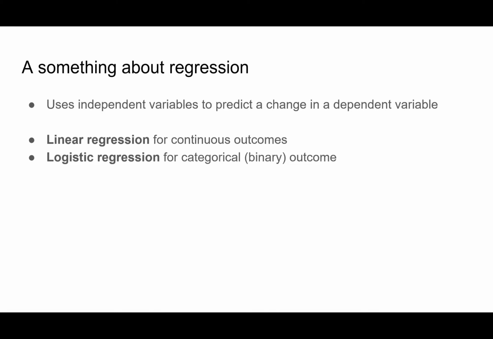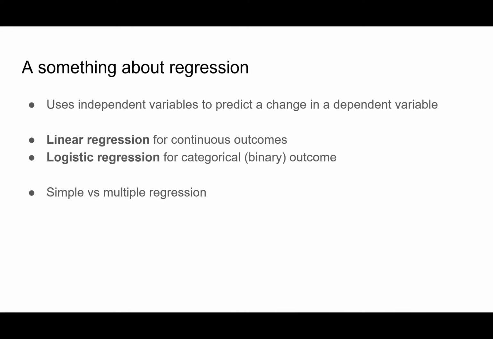There are other methods to test a categorical outcome that is not binary, for example, one that has 3 or 4 categories, but that is beyond the scope of this presentation. Another description that you'll find frequently is simple or multiple regression, and this is simply how many predictors are in our model.